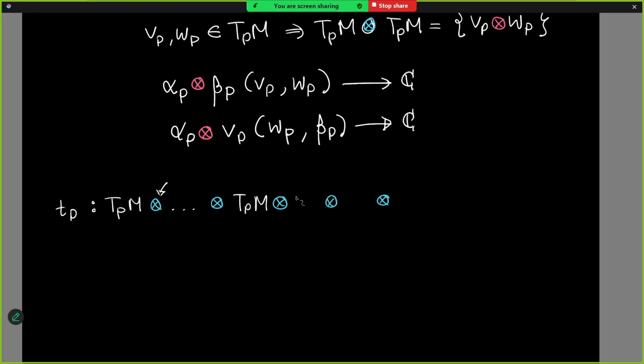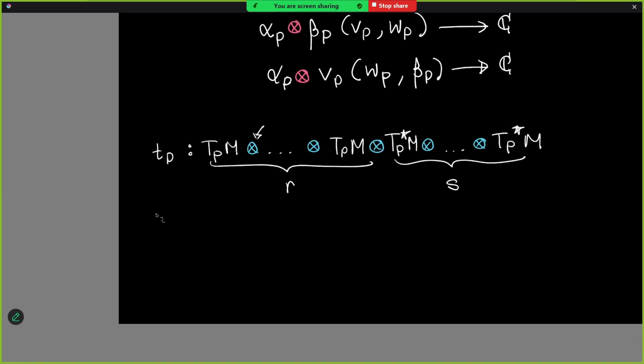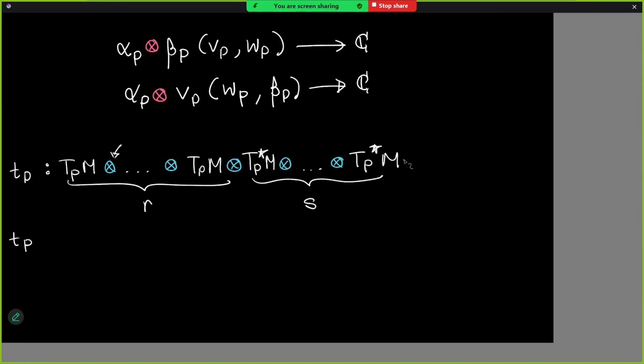And then we get TP star M, TP star M. So here there are r of these, and there are s of these, right? And let me rewrite the previous definition that we had.